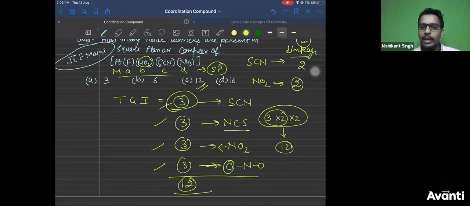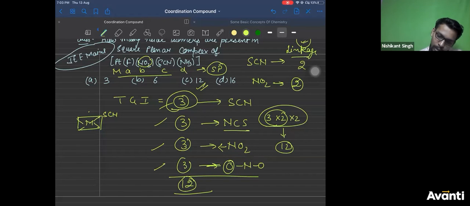Yes, Pritish. I have already explained, Pritish, but still I will explain. Prashant, is it clear now? So you can draw it also. If you want, I can draw all the 12 isomers also. You can draw them like this. SCN, right?